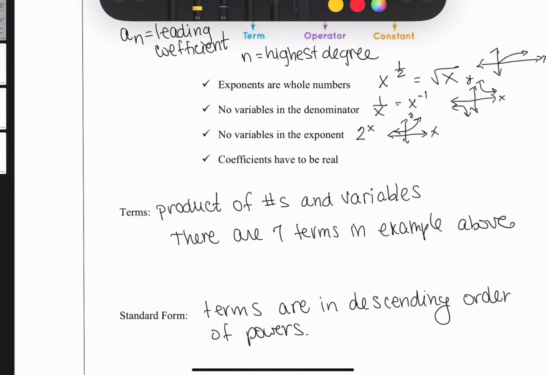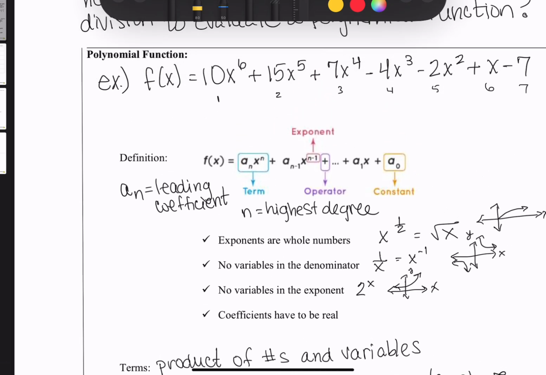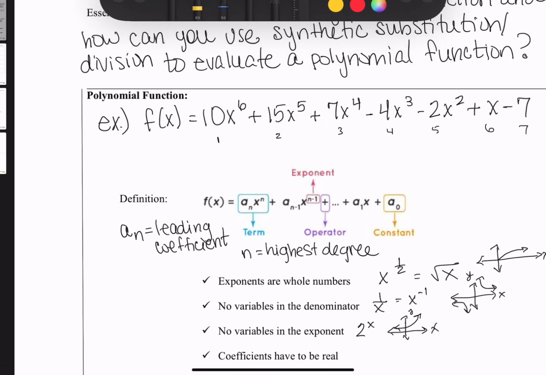Like we saw in quadratics, it was important if you wanted to factor them, or figure out your A, your B, and your C for your quadratic function or your quadratic formula. Now, in our example above, it's already in standard form. I wrote it like that for you, but if it wasn't, you would just make sure to put it in order of descending powers. So we go from x to the 6th, to x to the 5th, x to the 4th, x to the 3rd. And again, that's where that n-1 in the definition comes from.